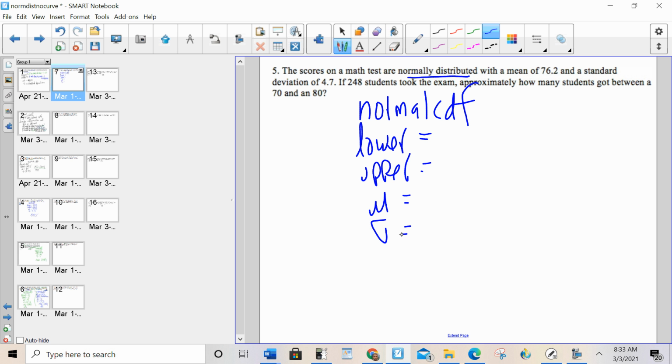Okay, now that you tried it on your own, it says the mean is 76.2. That's mu. And again, mu kind of looks like an M and kind of looks like a U, so I guess that's why they call it mu. Sigma, the standard deviation, is 4.7. Between a 70 and an 80, so my lower is 70, my upper is 80.